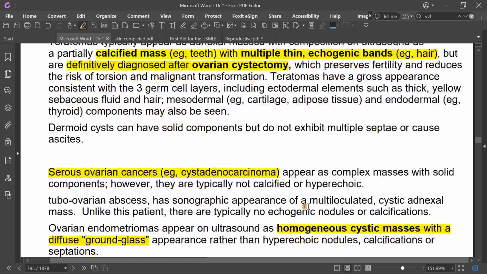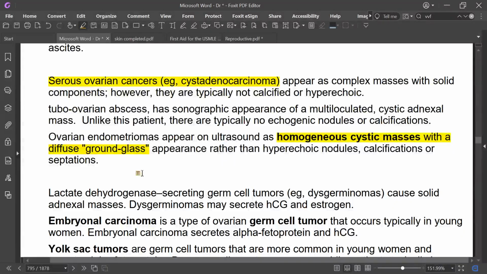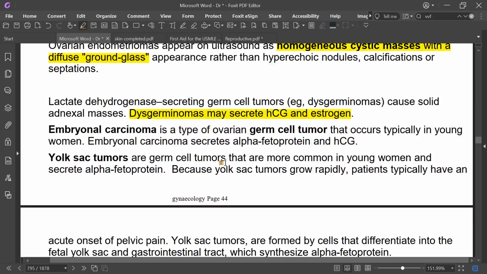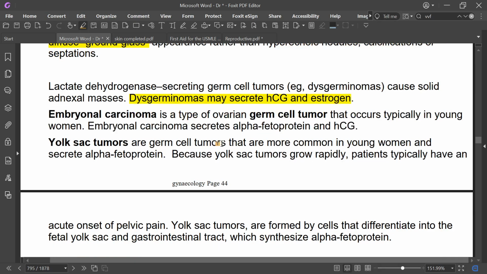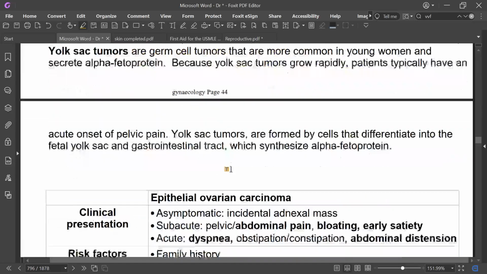On histology, there is fried egg appearance. Embryonal carcinoma is a type of germ cell tumor that occurs typically in young women. And yolk sac tumor is also a germ cell tumor.